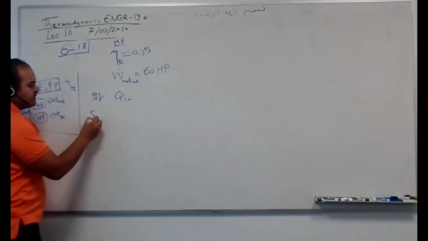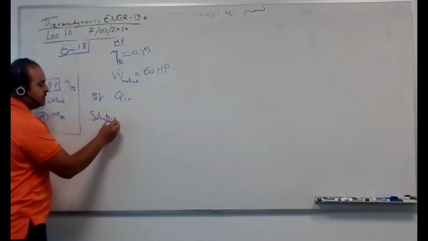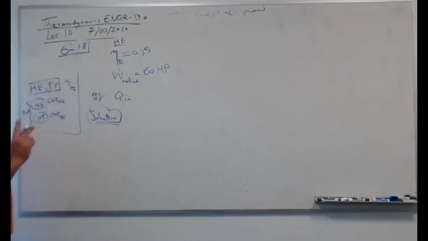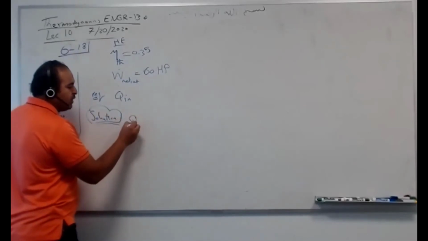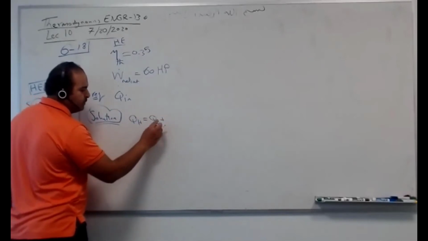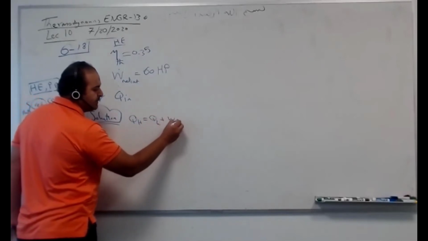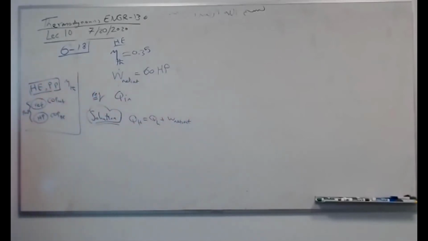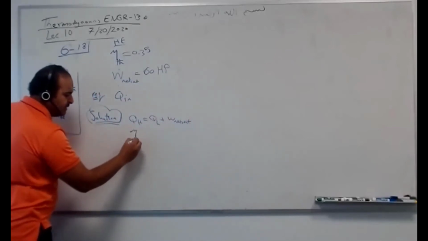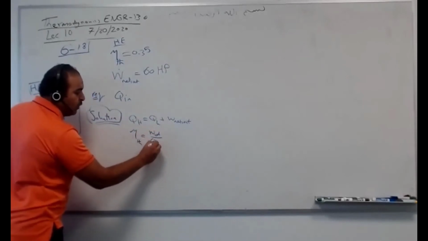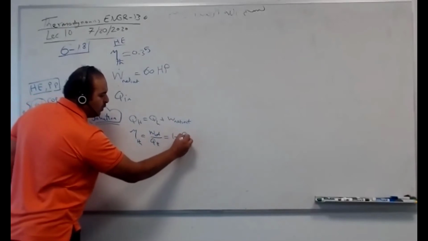So the solution is so simple. We have 2 inputs, that's easy. As I told you before, we have only 2 equations. Q high equals Q low plus W net out, the same equation for a heat engine, refrigerator and heat pump. And efficiency, which is either W net out over Q high or 1 minus Q low over Q high.